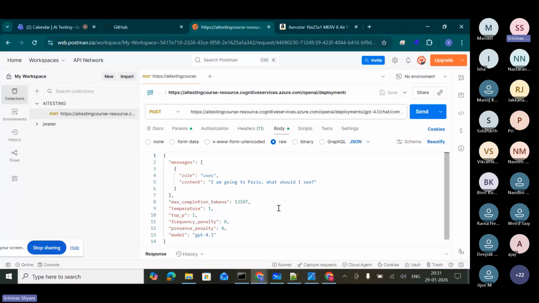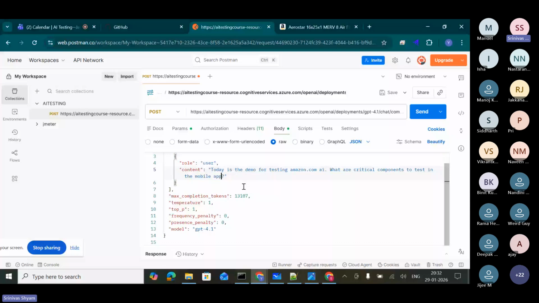Let's say I change this question to: today is the demo for testing Amazon.com AI for our critical components to test in, let's say, the mobile app. I'm just giving this as the question.